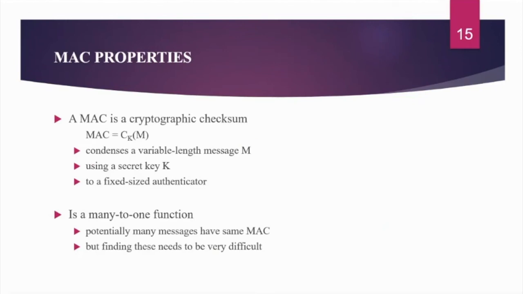So these are the properties of MAC. It is possible that many messages can give rise to the same MAC, but it is very difficult to find them. So again, MAC possesses the collision-free property. There exist different messages which have the same MAC, but it is very difficult to find or generate such messages.